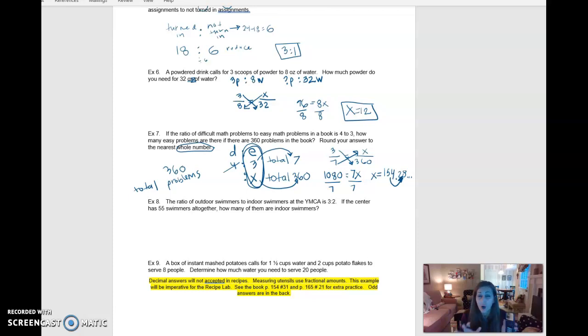Is that 2 going to hold it at 154, or bump it up to 155? It's going to hold it. So the answer here is 154 easy problems. Now, if you wanted to find out how many difficult problems there were, you would just subtract 154 from 360.